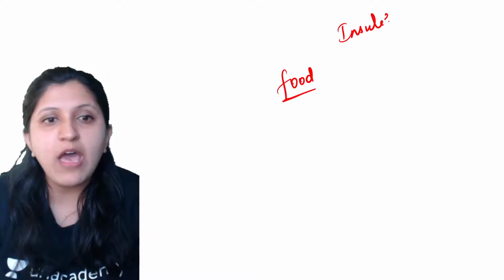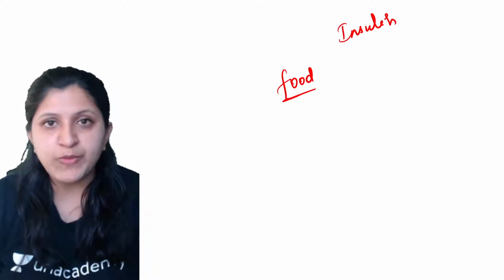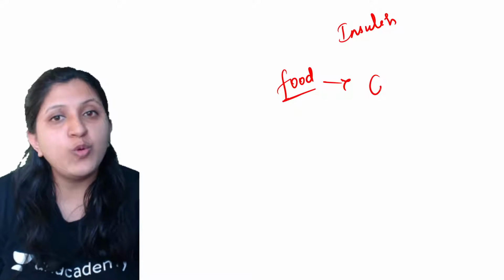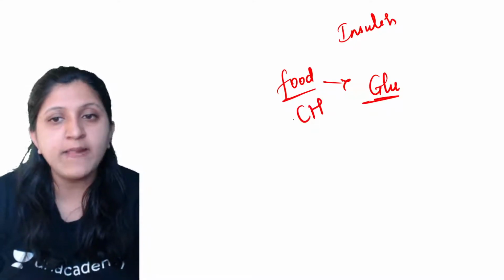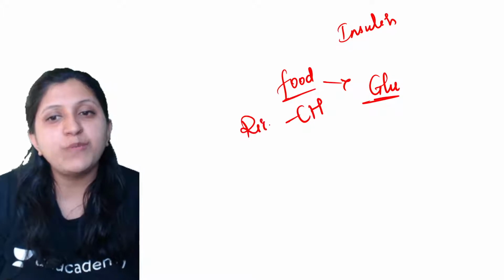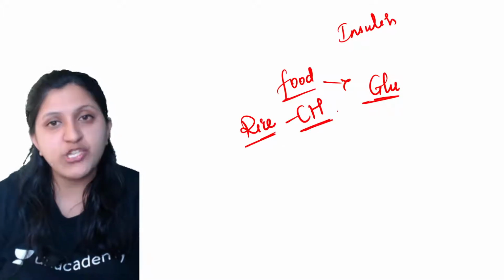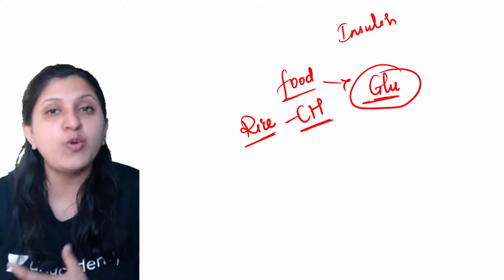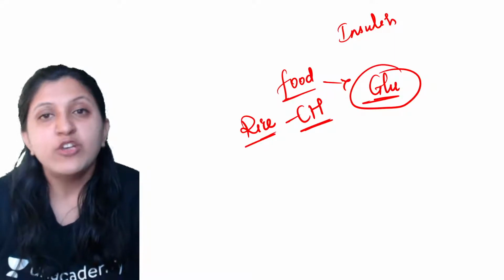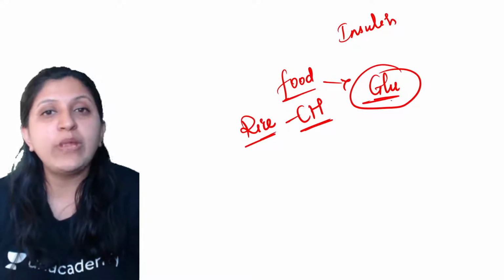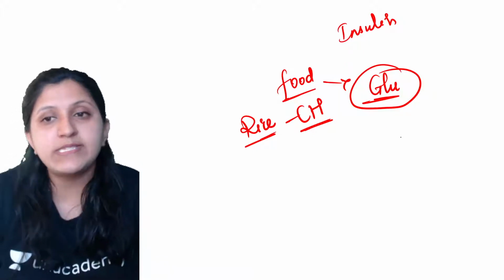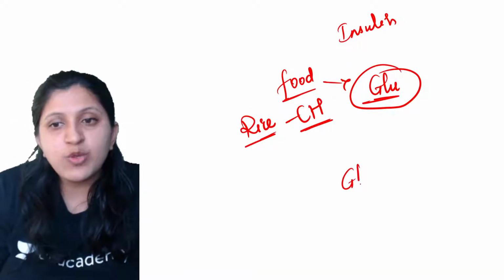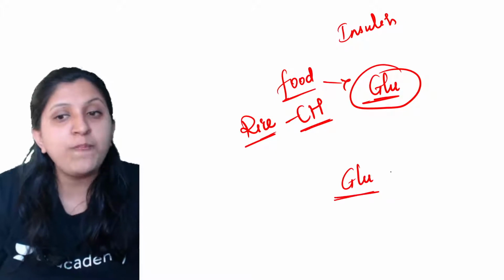When you consume food, the glucose level will be high because you are consuming carbohydrate. Let's say you are consuming rice, which is rich in carbohydrate, so a lot of glucose is there. Now the glucose will be detected, and the pancreas is going to receive the signal. Who detects the glucose?